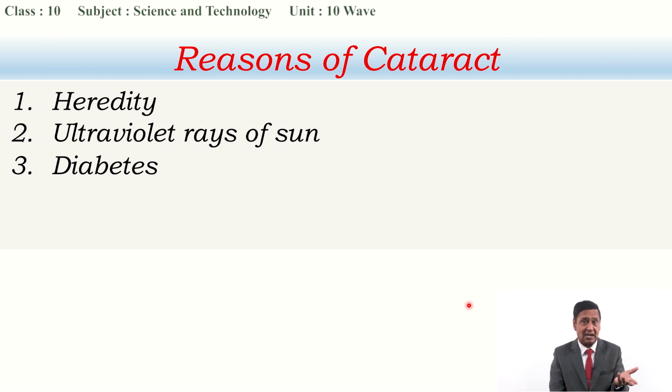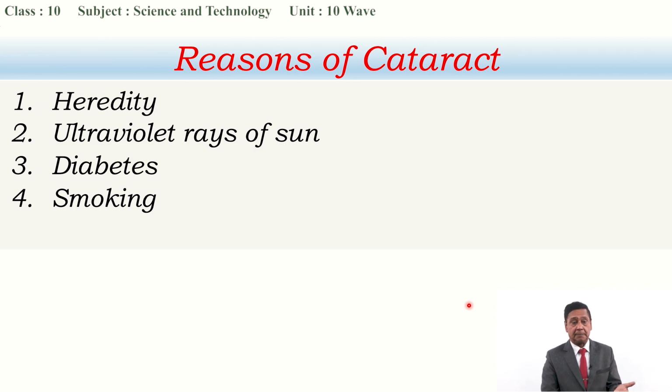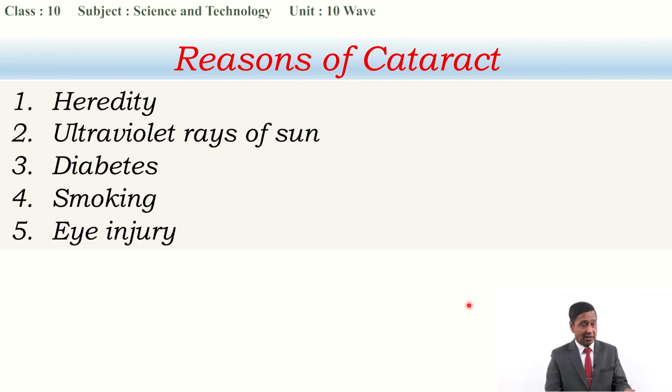If a person has diabetes, there is a chance of getting what? Cataract. Now smoking. If a person smokes, then smoking also enhances cataract. Another is eye injury. If there is an injury in the eye and this injury reaches the convex lens, that may cause cataract.